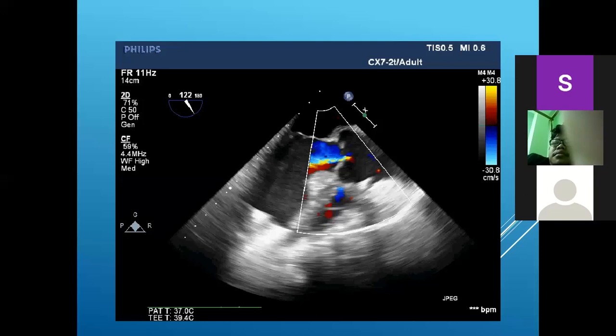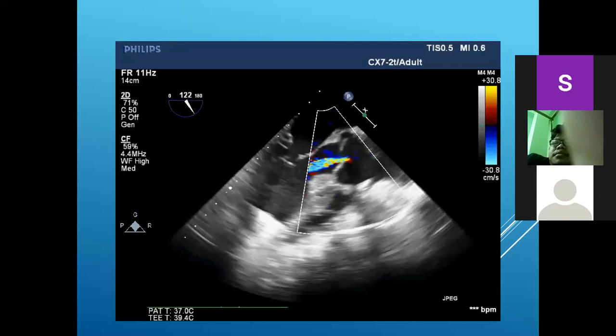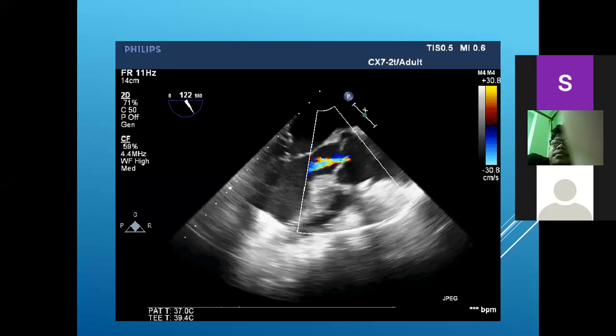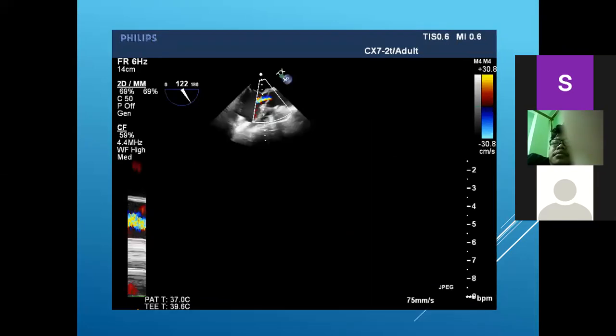Sir, it's an AR jet, and it looks like mild AR. Next, there's a significant AR because the aortic root is also dilated. That's Dr. Bhatt speaking. Yes, sir.